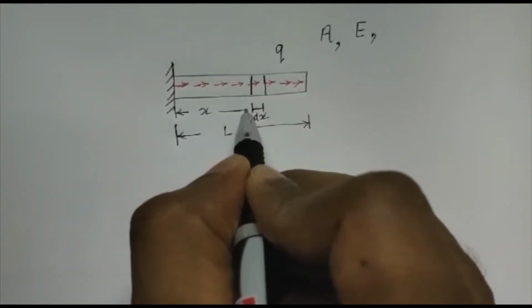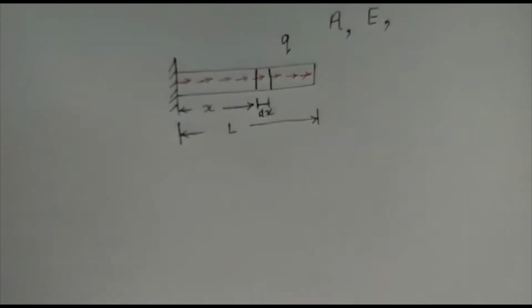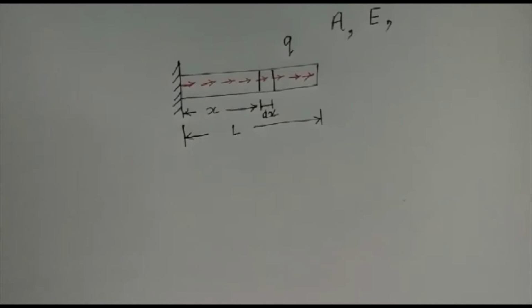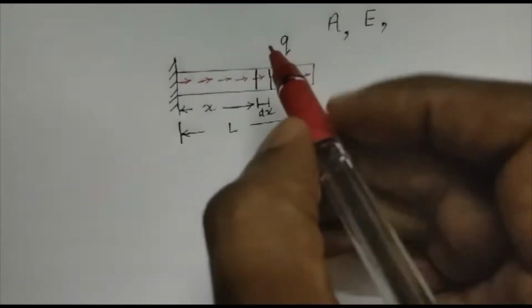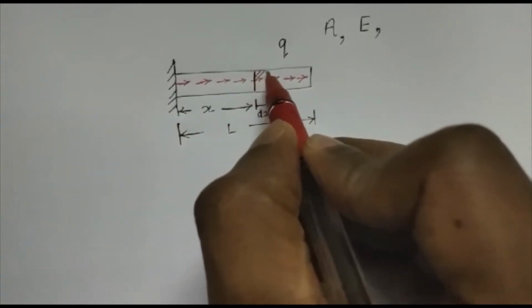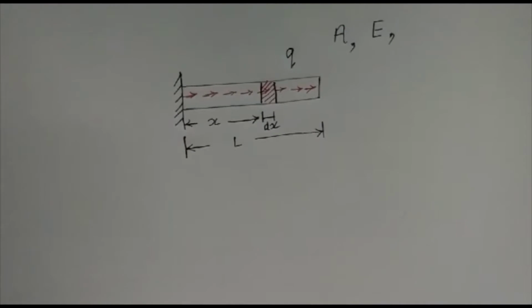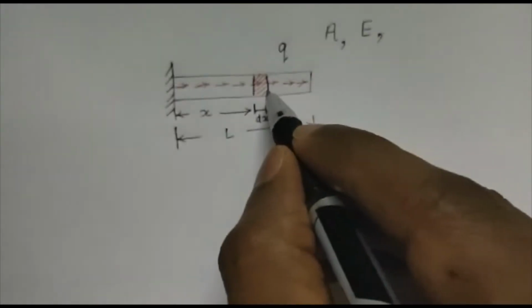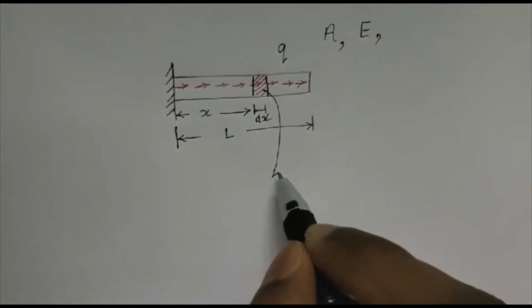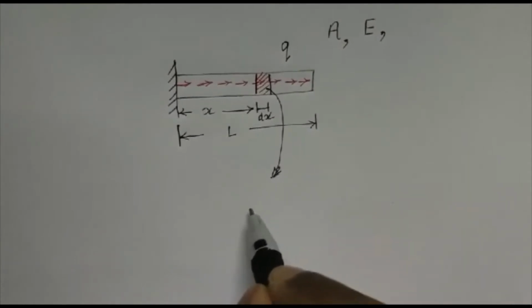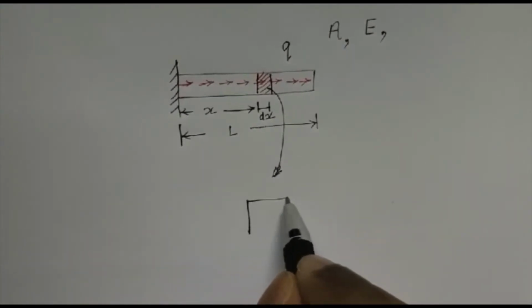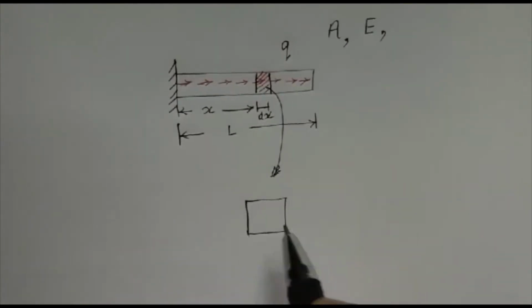At a distance of x from the left hand side, I'm going to consider a small structure and localize all my attention on this small portion of the bar. So I will just take out the small portion and draw it in an amplified way. This is the small structure that is under investigation.